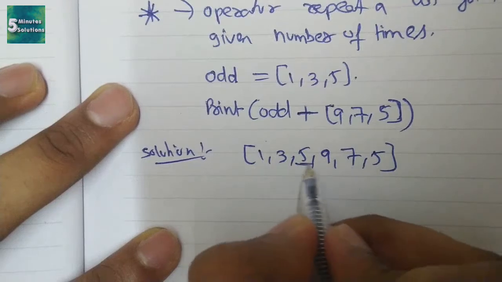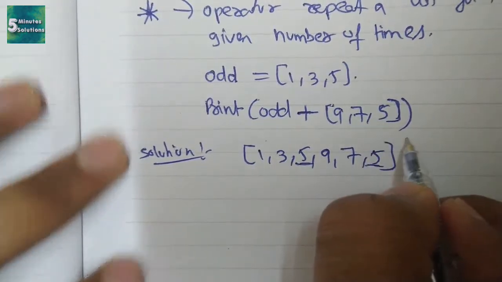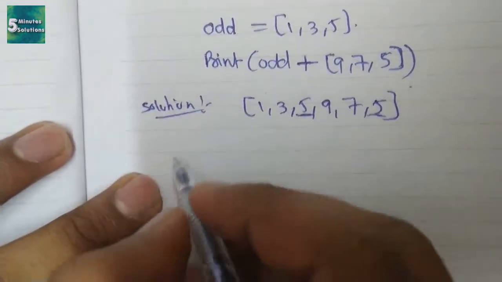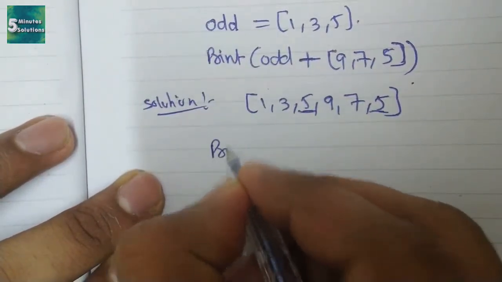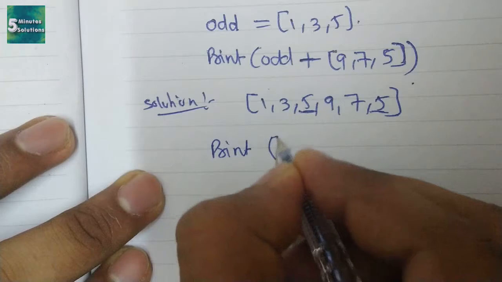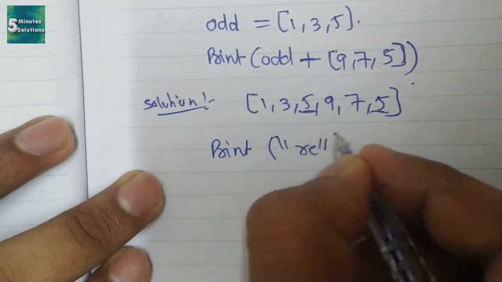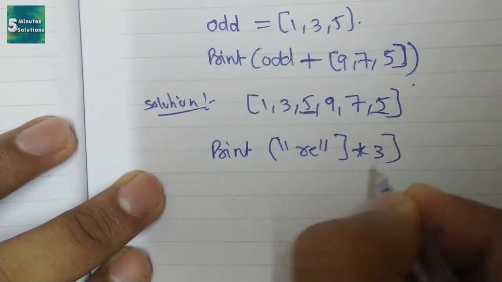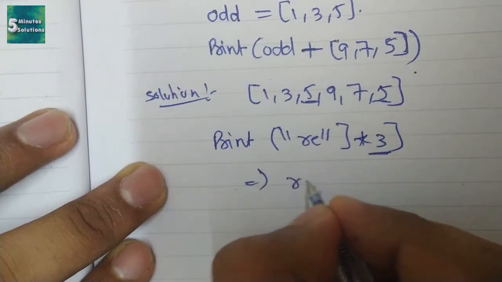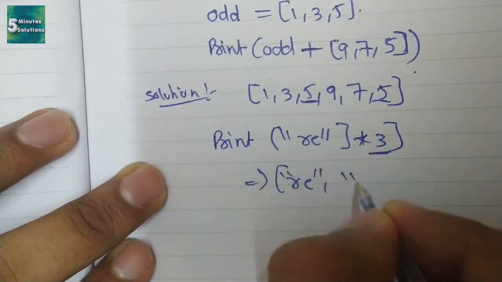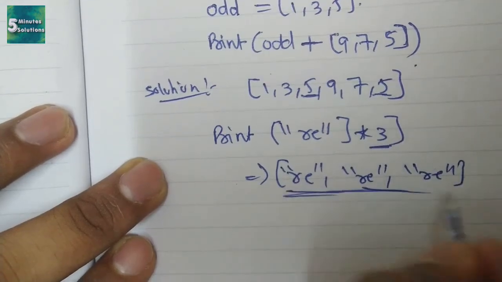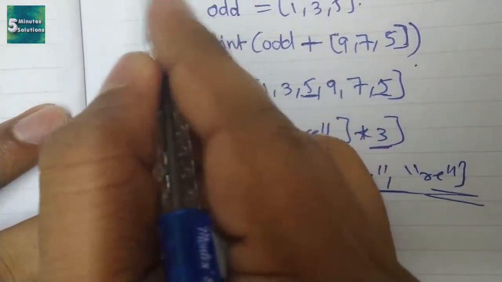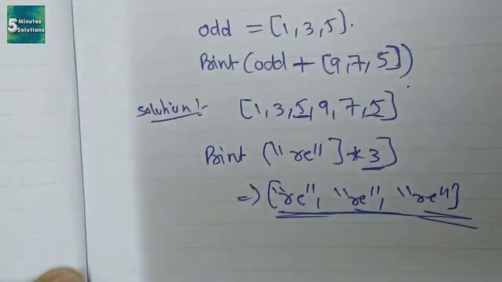It will give two 5s because in a list duplicate elements are allowed. Now let's use the star operator. Just write print re times 3, it will give you re three times. This is how we use concatenation and the star operator in lists.